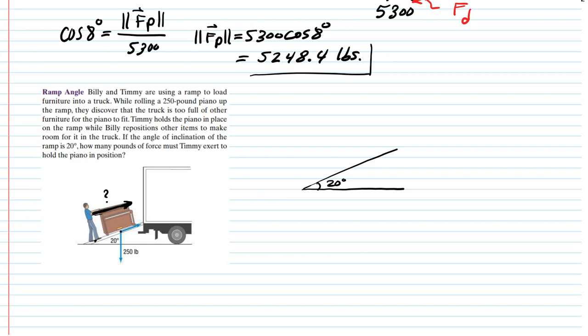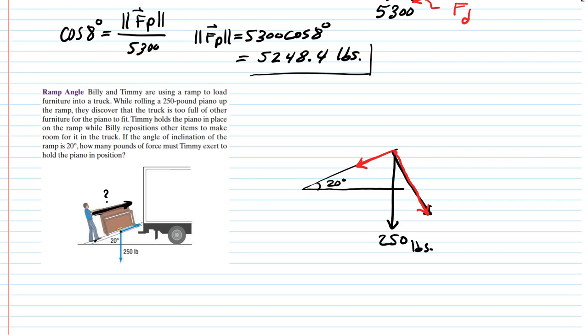And this part is vertical. That's the weight of the piano, 250 pounds, right? And just like the Sienna example, we can draw the components of this weight vector, which is our force vector now. There you go.